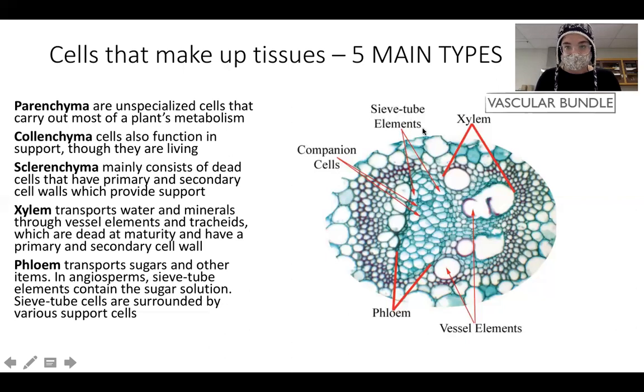The sieve tube elements surround the phloem cells, and there are also companion cells wedged in here for support. One general thing to note is that xylem are going to be much bigger and phloem are going to be much smaller cells.